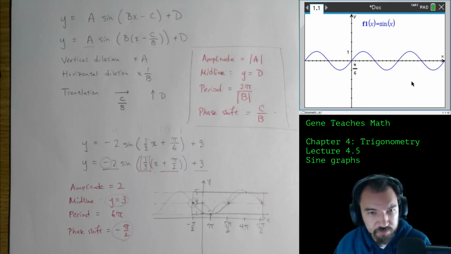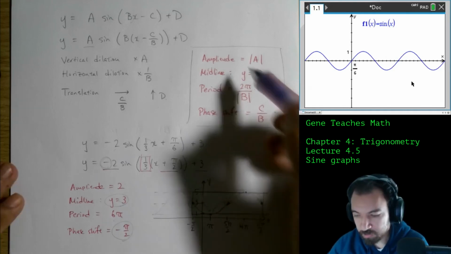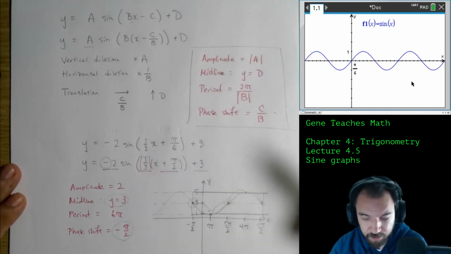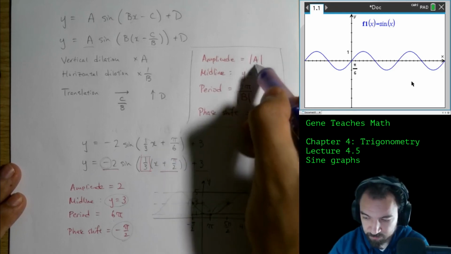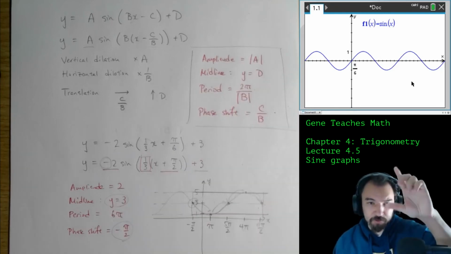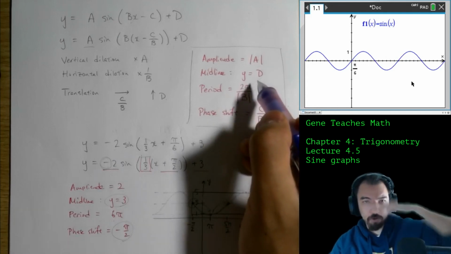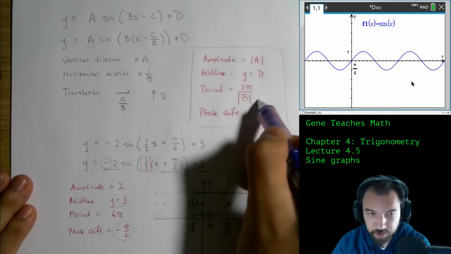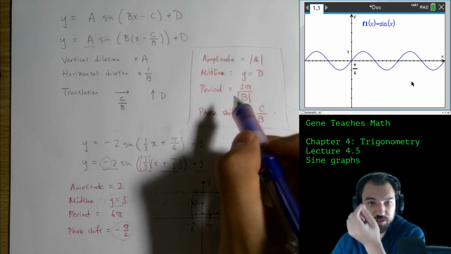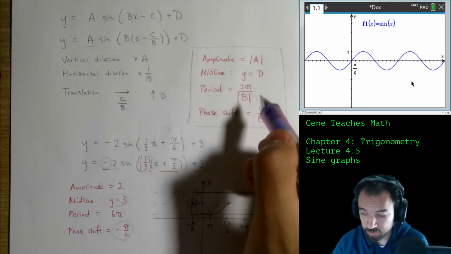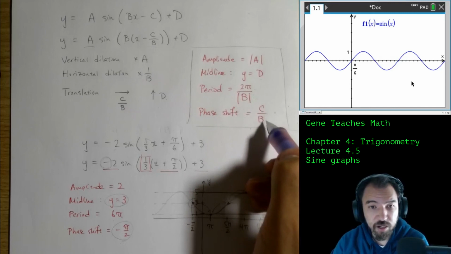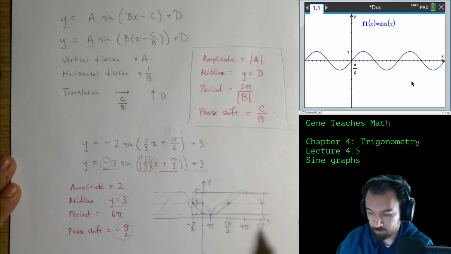But in the case of sine graphs, we like to include this vocabulary, and we like to think of it in terms of the amplitude. How far from the middle do you go? How tall is your graph? The midline, where is the middle? How much do you shift it up or down? The period is how long it takes to repeat itself, which is how stretched out you are horizontally. And finally, the phase shift is, are you shifting right or left?